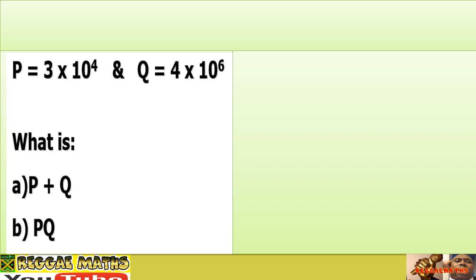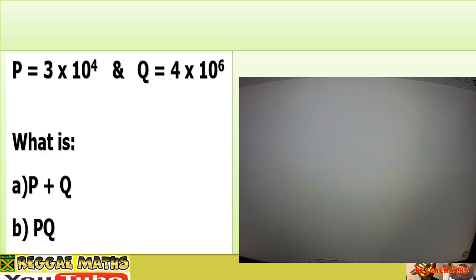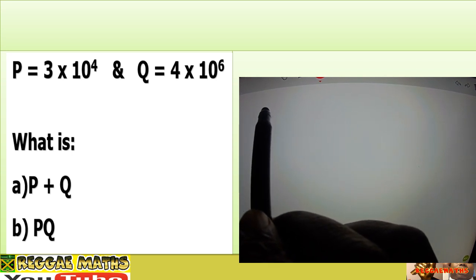So if we look at this standard form here, I'm going to work out each of these as ordinary numbers first.